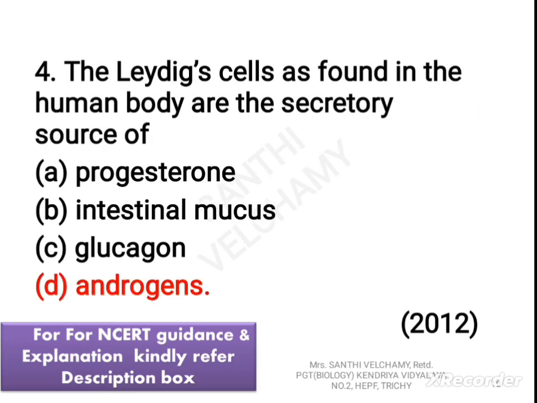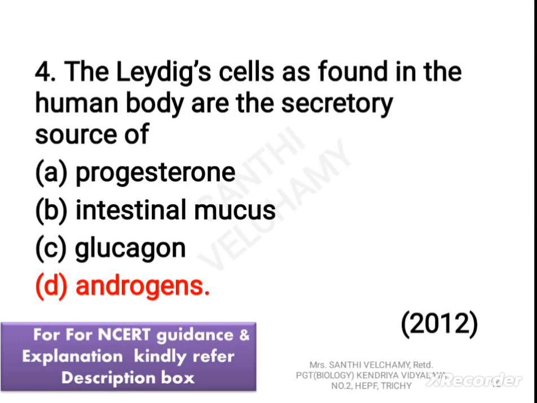The interstitial cells or Leydig cells are found between the seminiferous tubules. They are interspaced between the seminiferous tubules of the testis. They secrete androgens, for example testosterone, in response to the stimulation of luteinizing hormone from the anterior pituitary gland.